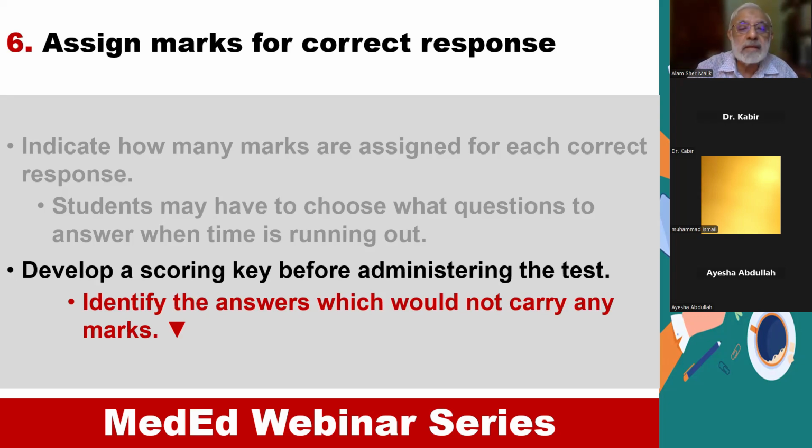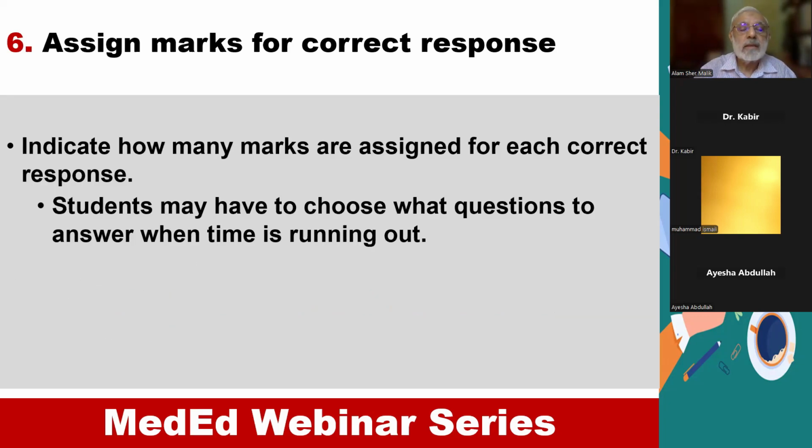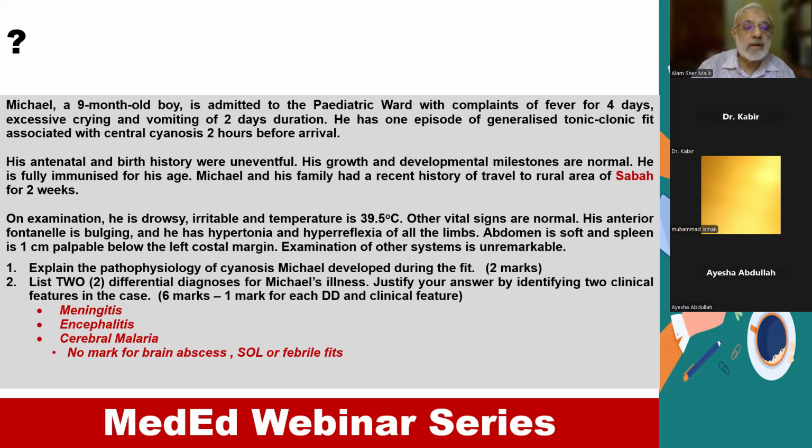So here is one: when we are constructing the question, at the same time, we should prepare the marking scheme, model answer and marking scheme. And sometimes we might have to identify which responses, or what kind of responses, should not be given any marks.